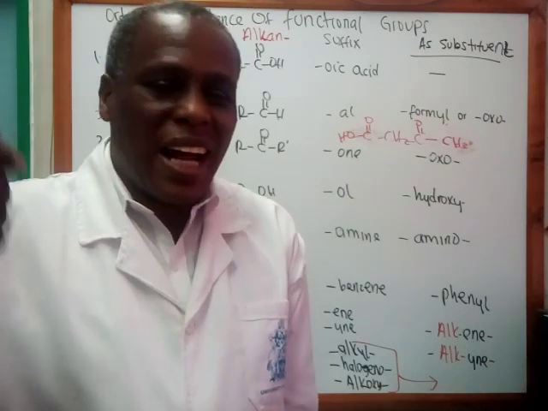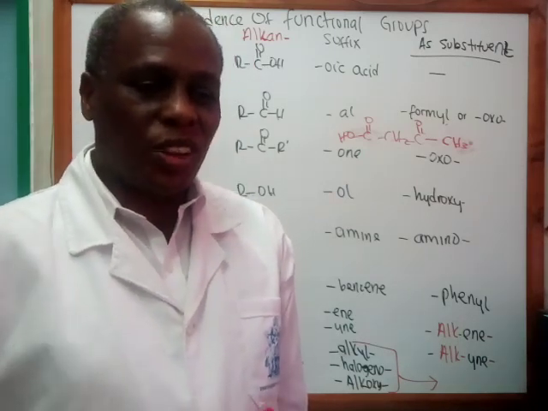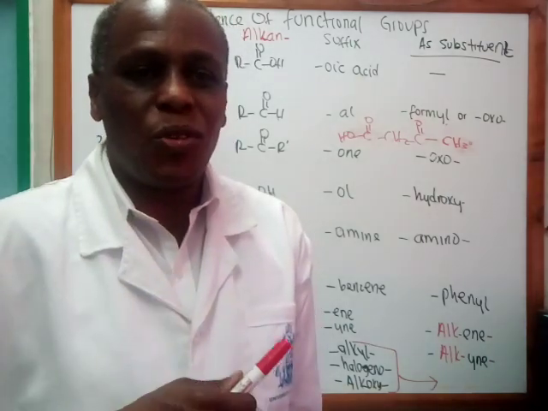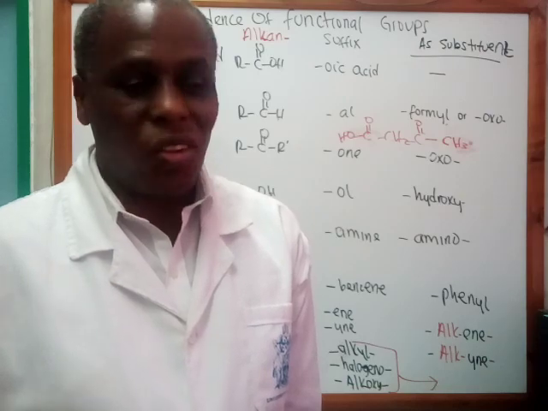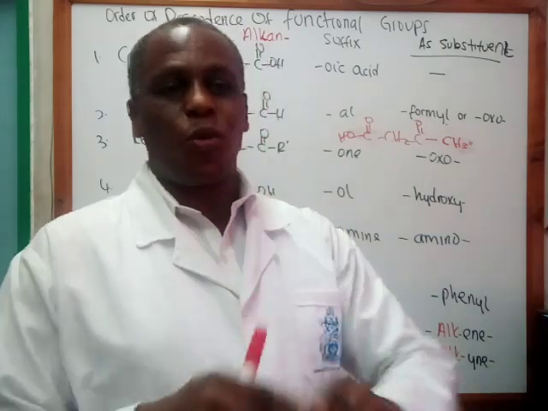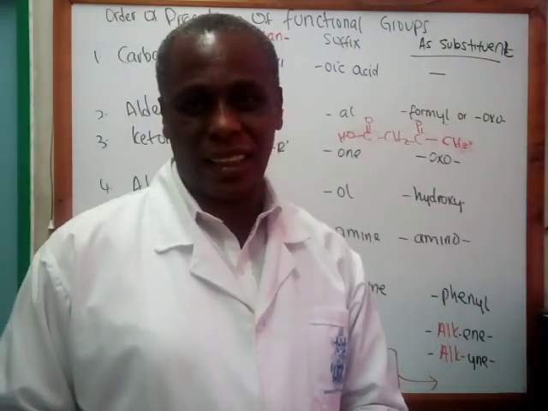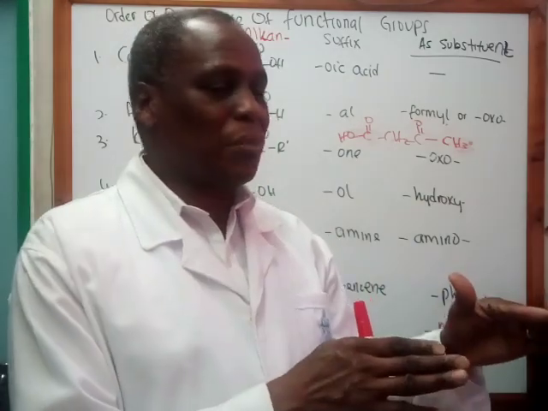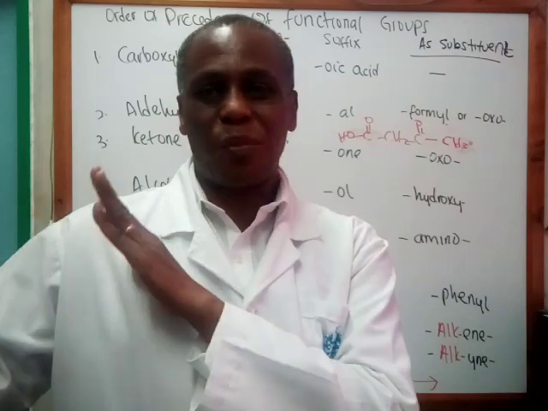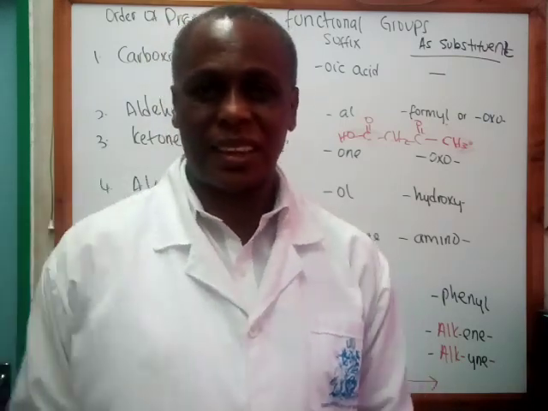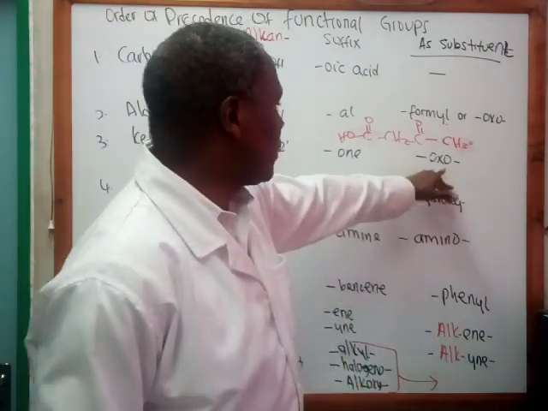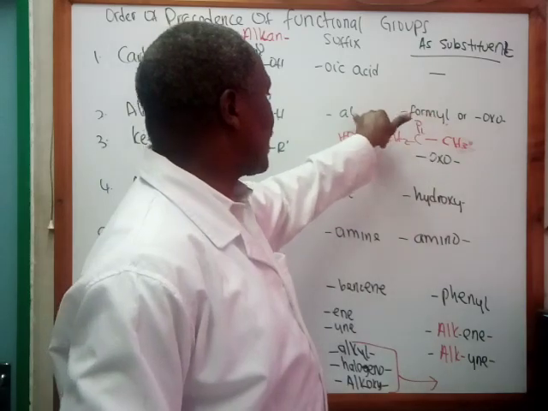If I have an oxo at a position other than carbon number 6, then that one will be referring to a ketone, because that carbonyl group, that oxo, will have a carbon on one side and a carbon on the other side. But if it's a hexanoic acid and I've got an oxo on carbon number 6, then the oxo will have to be an aldehyde, because there is nothing else on the other side, since it's on the terminal carbon. So that's why you can use the oxo to denote an aldehyde.